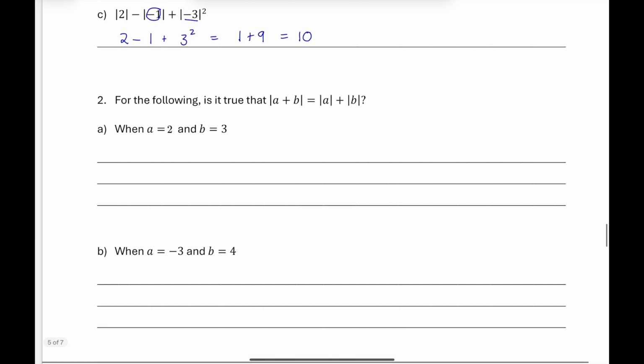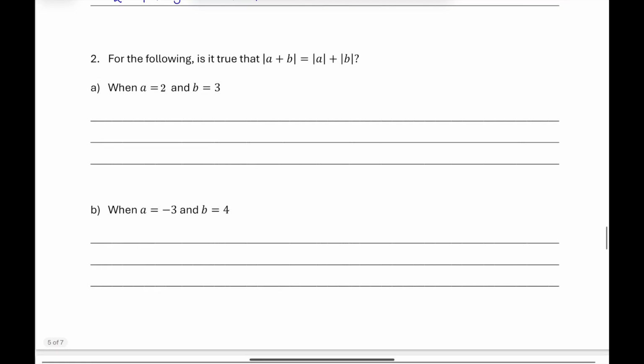Now here we're going to look at some properties of the absolute value. So for question 2, we need to look at, is it true that if I have the absolute value of A plus B, will that also be the same as the absolute value of them separately? So let's try this with A. I'm going to let A equal 2 and B equal 3.